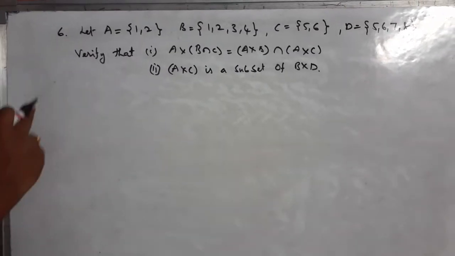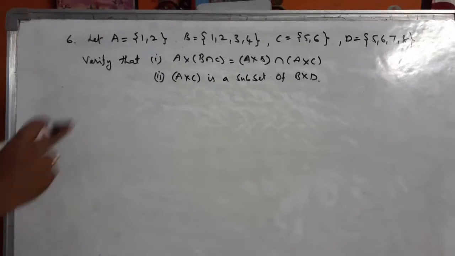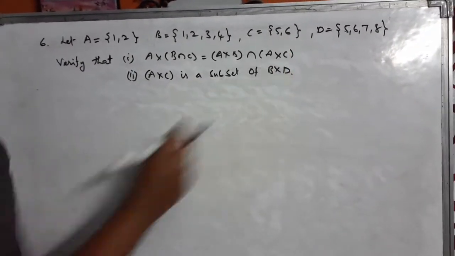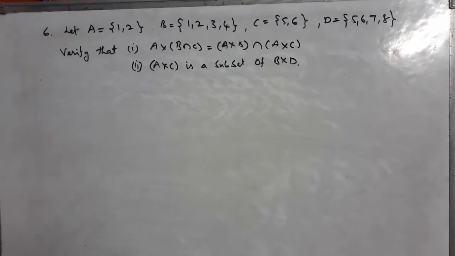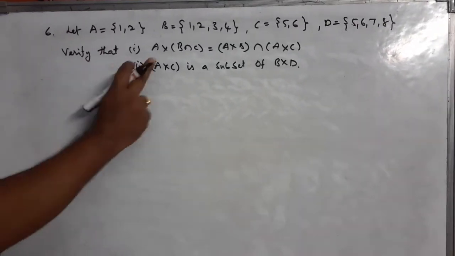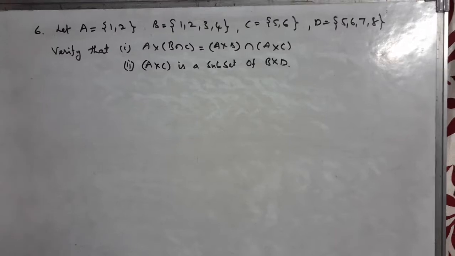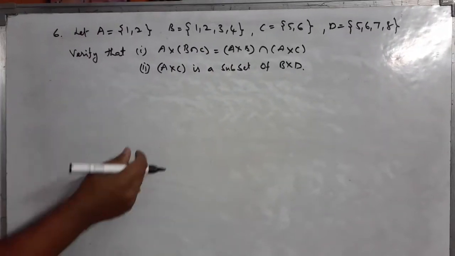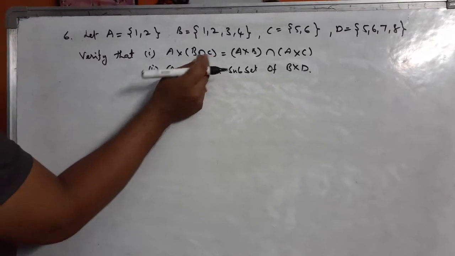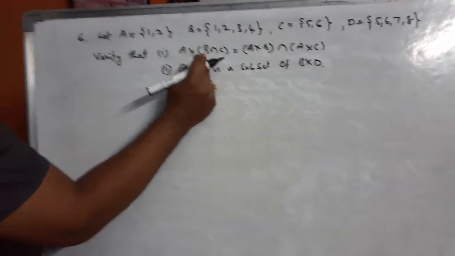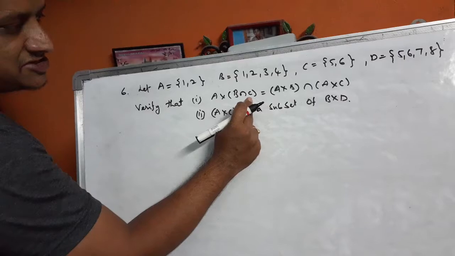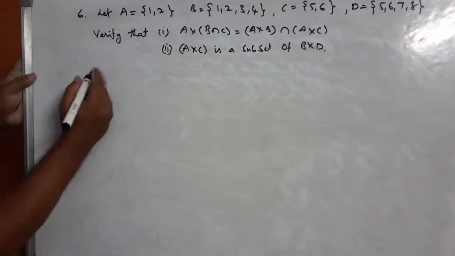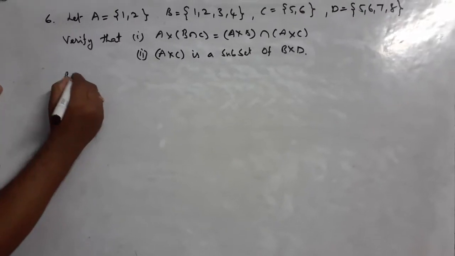Here, the sixth problem: let A equal 1 comma 2, B is 1 2 3 4, C is 5 comma 6, D is 5 6 7 8. Verify that A cross (B intersection C) is equal to (A cross B) intersection (A cross C). Here in this bracket we have B intersection C. First we have to find B intersection C, A cross B and A cross C. Now what is B intersection C?